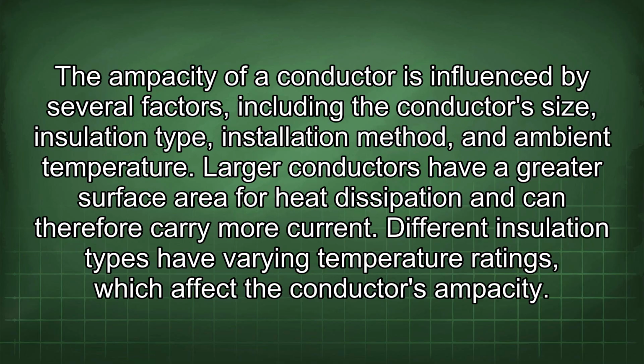The ampacity of a conductor is influenced by several factors, including the conductor's size, insulation type, installation method, and ambient temperature. Larger conductors have a greater surface area for heat dissipation and can therefore carry more current. Different insulation types have varying temperature ratings, which affect the conductor's ampacity.